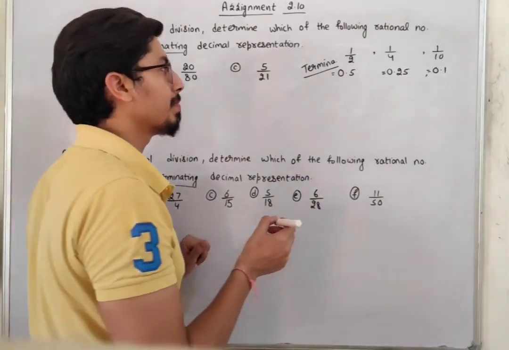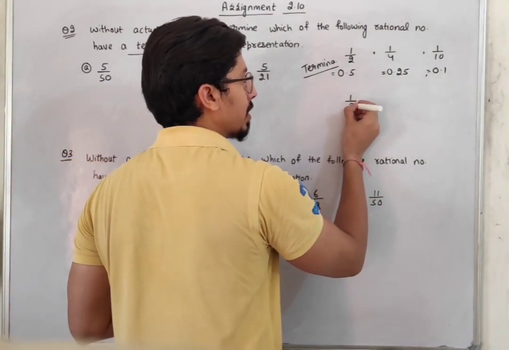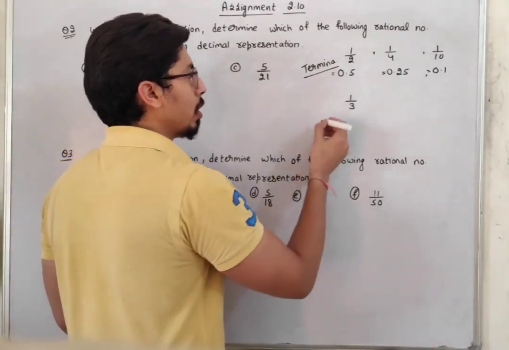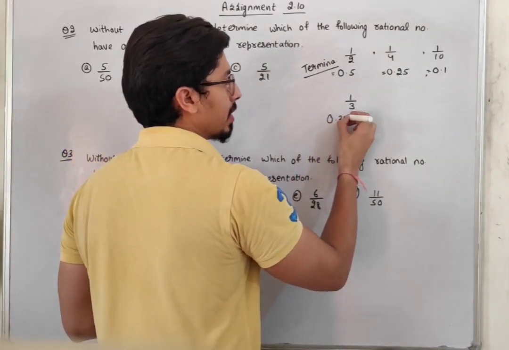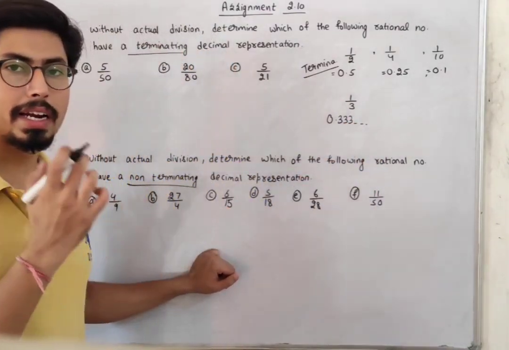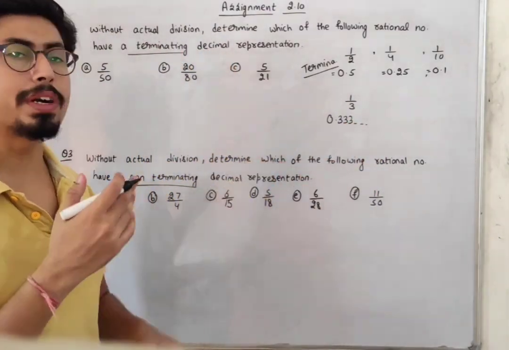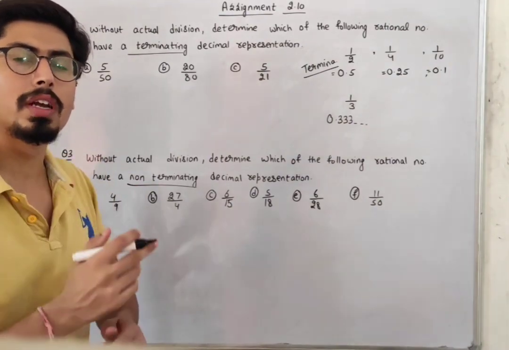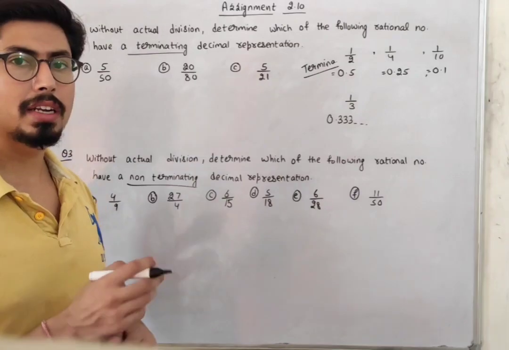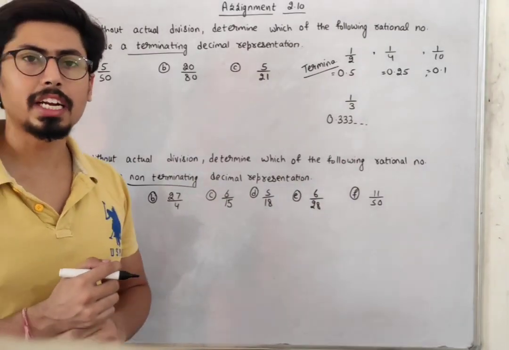But if I take 1 by 3, okay students, see, 1 by 3 is 0.333 and so on. Okay, I can't find the exact value, it will be 0.33333 and so on, it will keep on going. So in this part we can't find out the exact value.